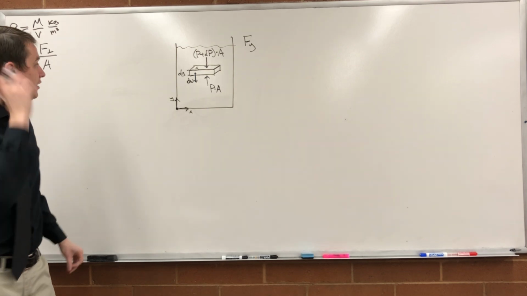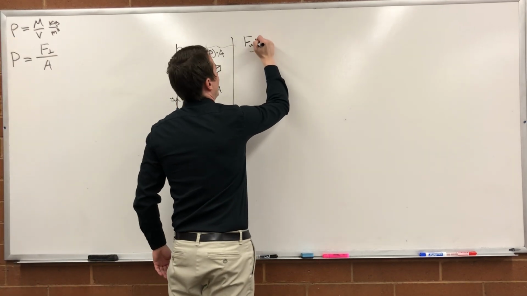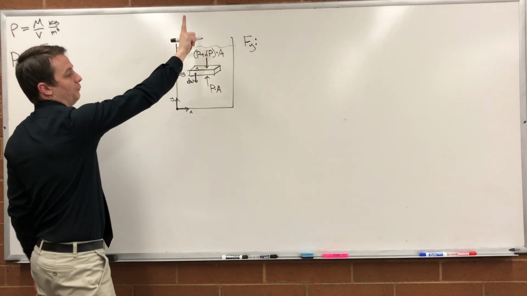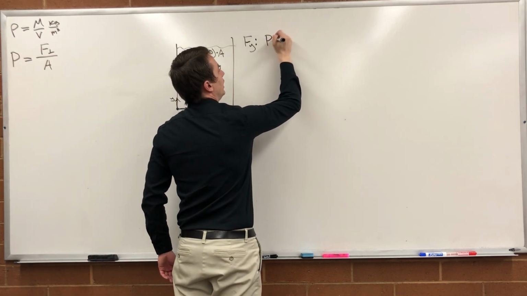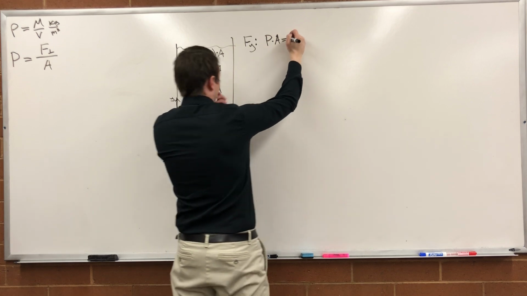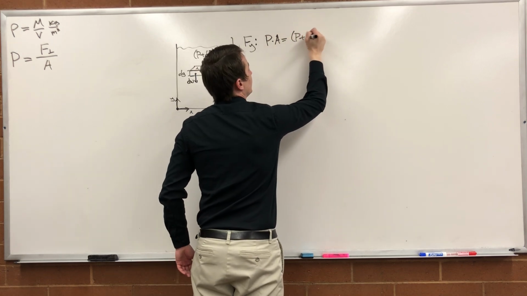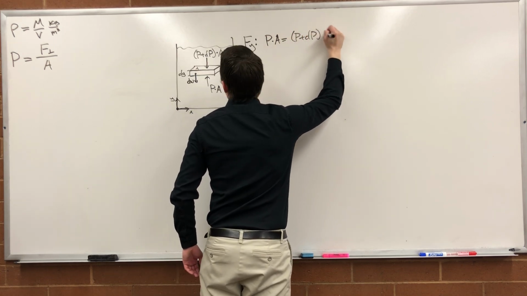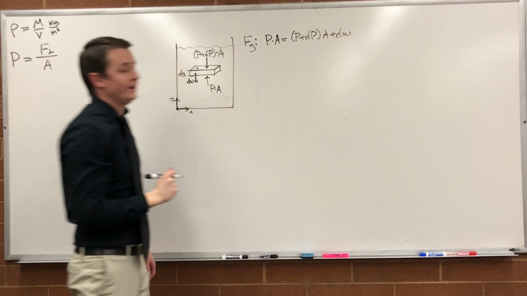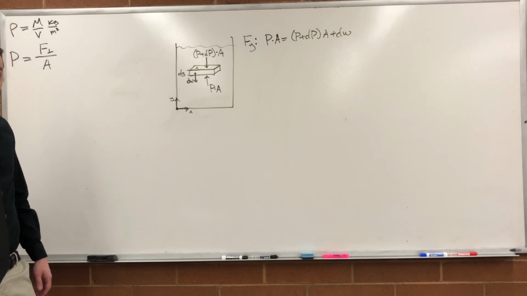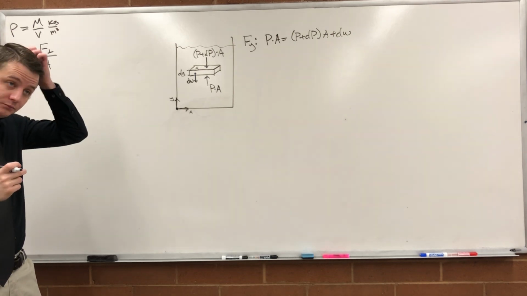When we look at the forces in the y direction, all the forces pointing up perfectly cancel out with all the forces pointing down. So pressure times area is equal to pressure plus our infinitesimal change of pressure times area, plus dW, an infinitesimal weight. With me so far?